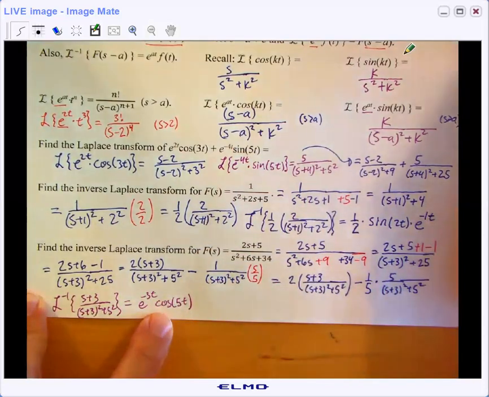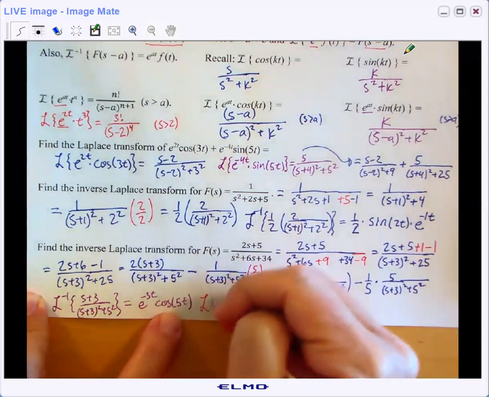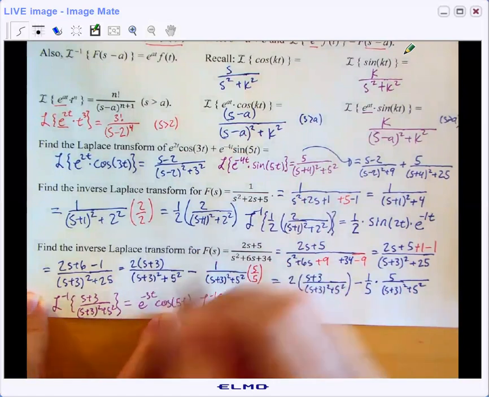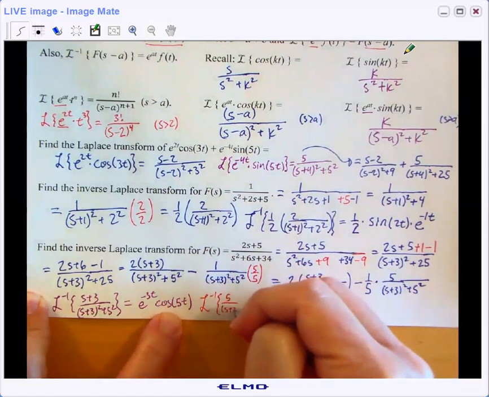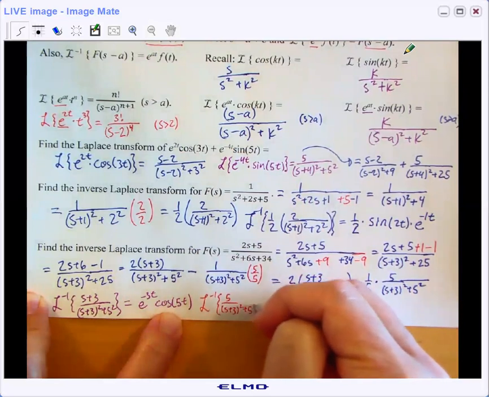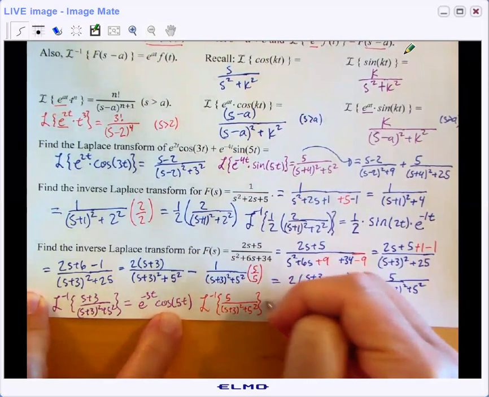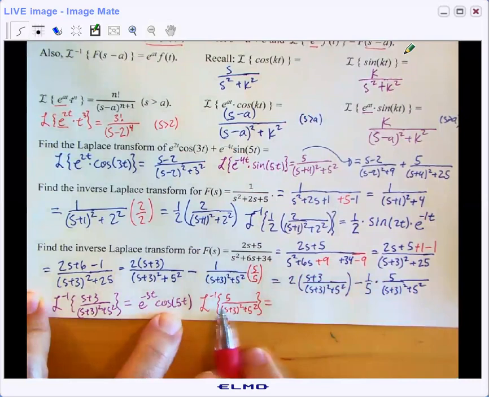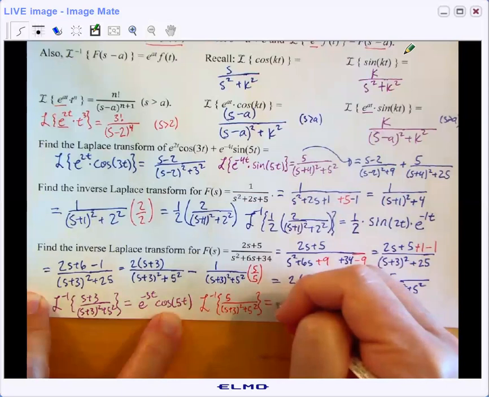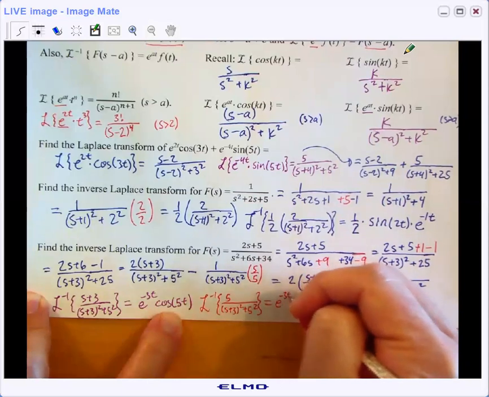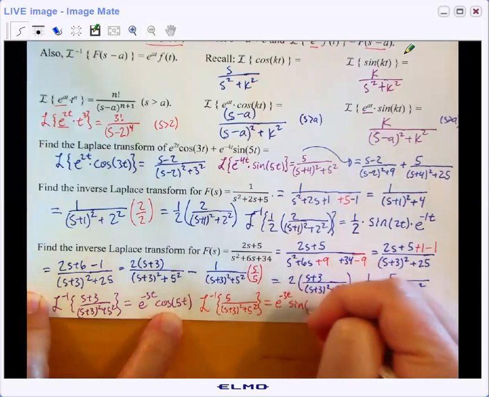And our other piece, the inverse Laplace transform of 5 over ((s + 3) squared plus 5 squared). We recognize it, put it into a format that we know, so that is going to be e to the -3t times the sine of 5t.